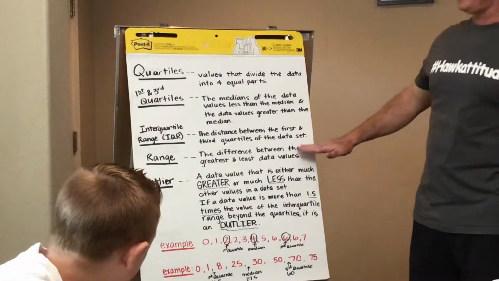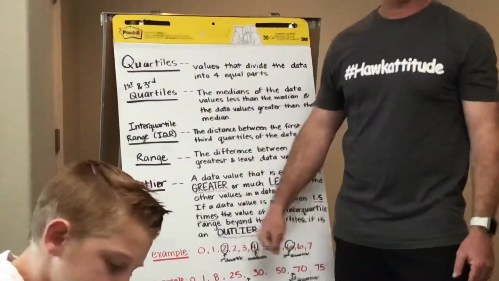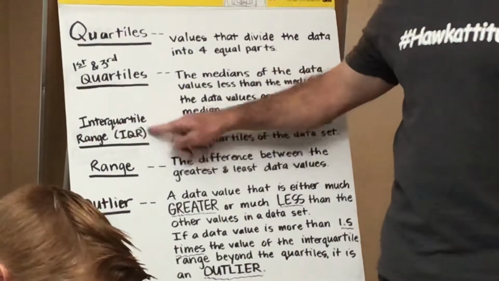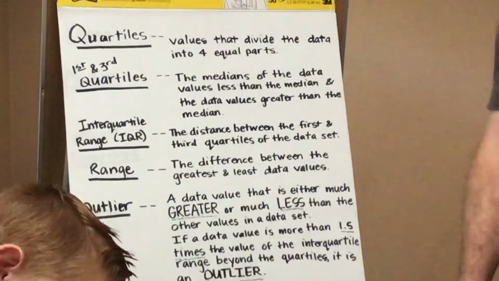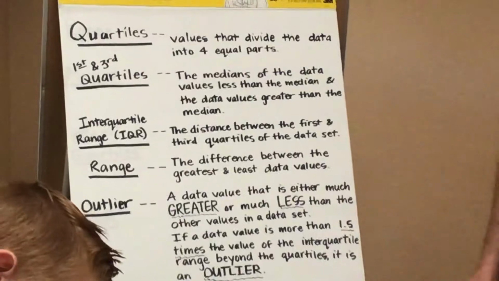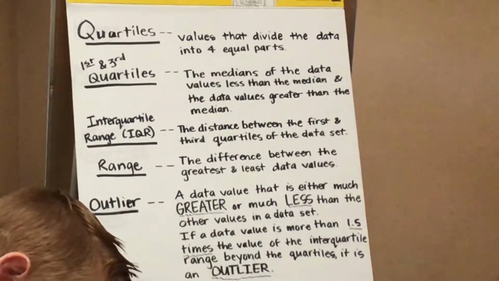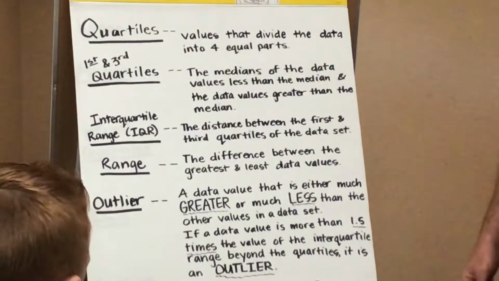All right. Now, whoa. Yes, this word. Interquartile range. We're going to simplify it and we'll say IQR once we get familiar with it. The interquartile range. What in the world are we doing here? I know, this seems really strange right now, but it's going to all make sense, I promise. Okay?